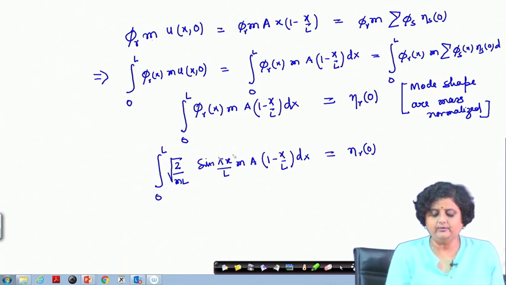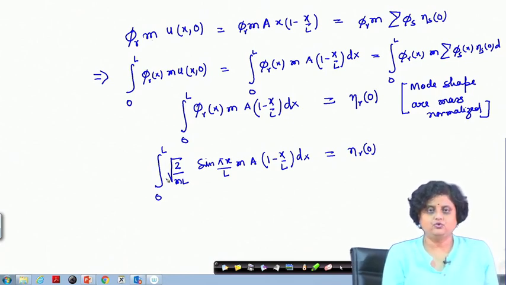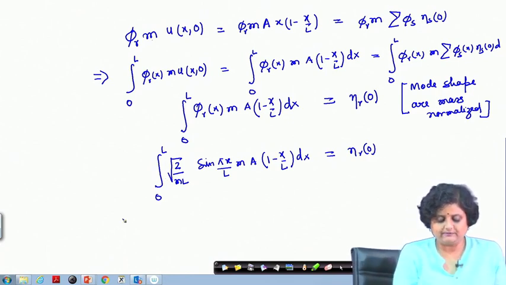Now, I can evaluate this integral. I can just do integration by parts to evaluate this, and if I evaluate it, then eta r 0 is going to look like this.